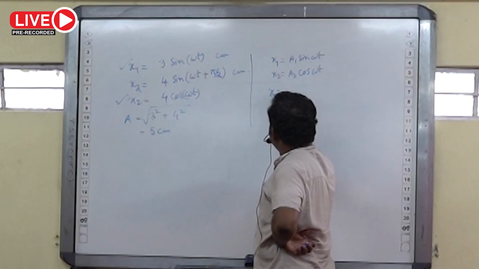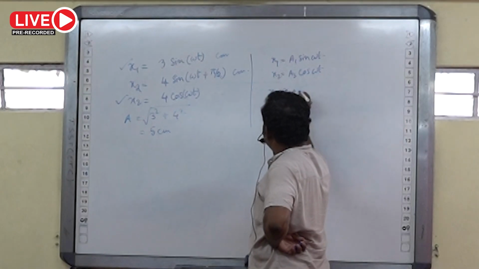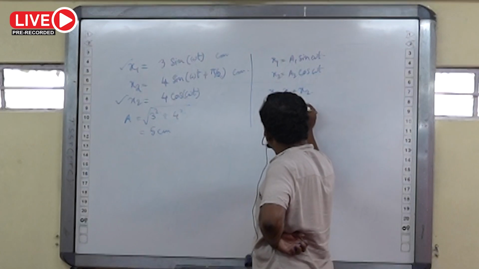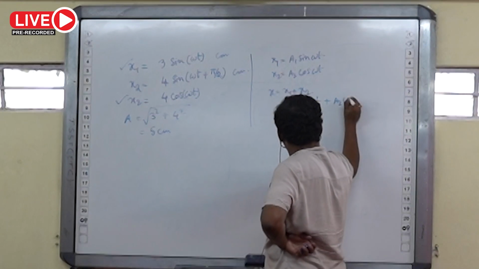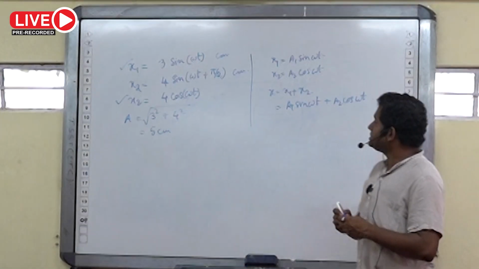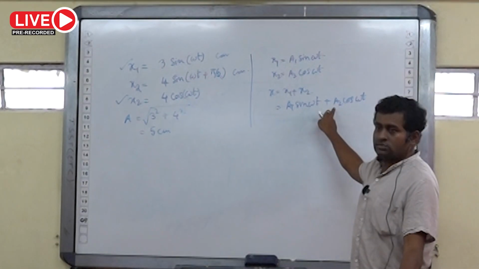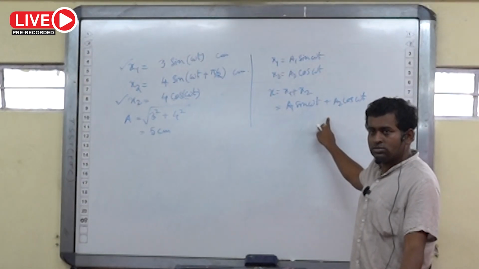Then you consider x equal to x1 plus x2, that should be a1 sine omega t plus a2 cos omega t. Now in this case, how many constants do you have? a1 and a2 as the amplitudes.